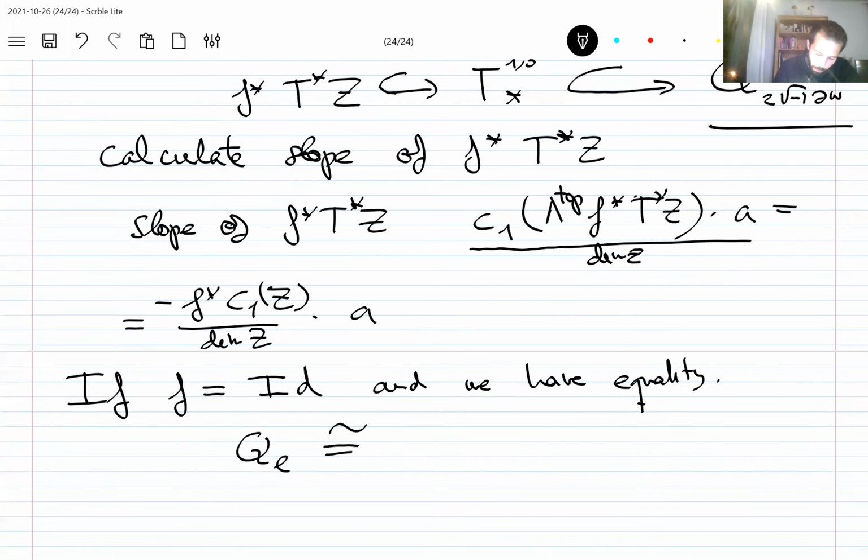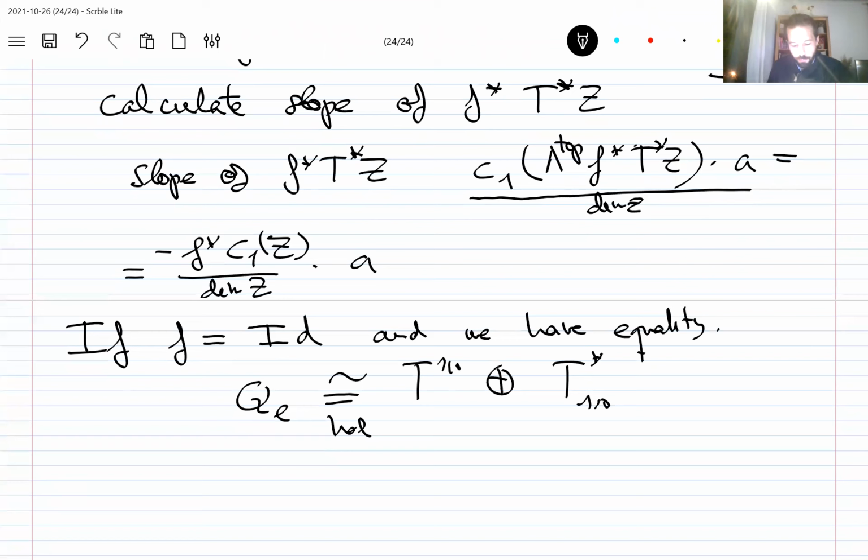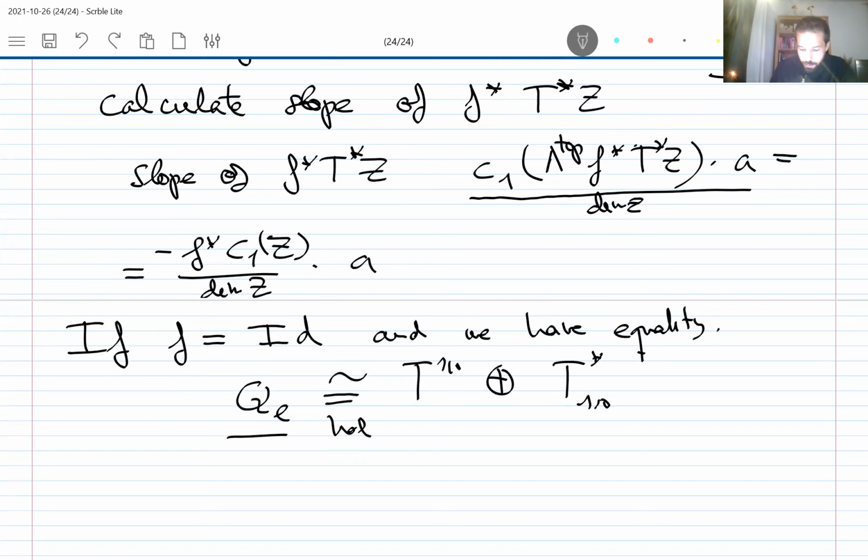This is as a holomorphic vector bundle: tangent (1,0) plus cotangent (1,0). But what is the second fundamental form for this? This is precisely ∂ω. So the second fundamental form has to vanish, and therefore ∂ω is 0. So ω is Kähler.